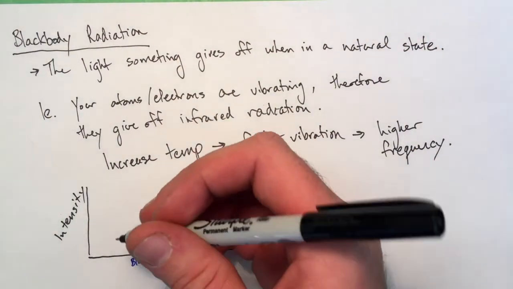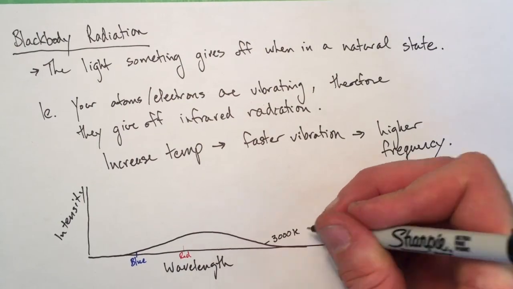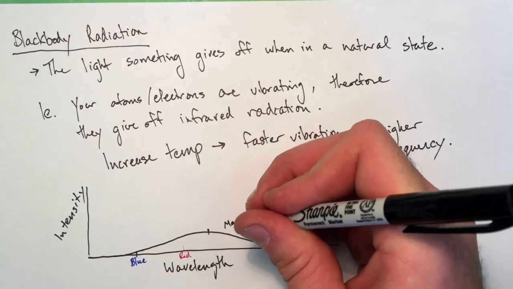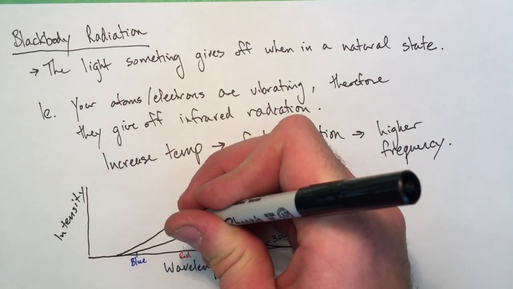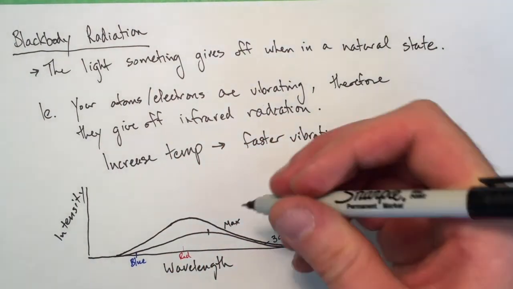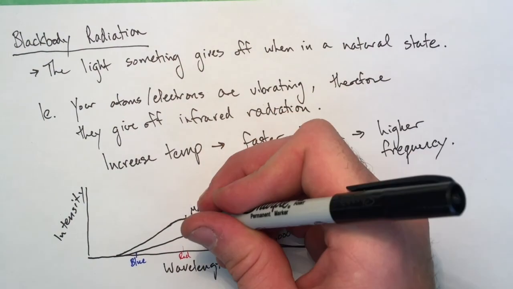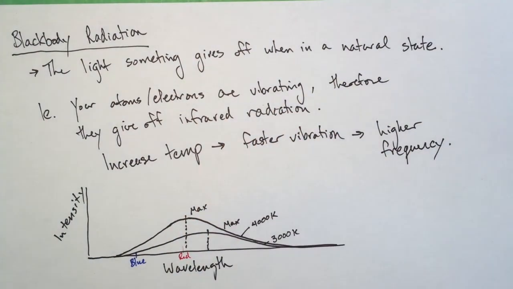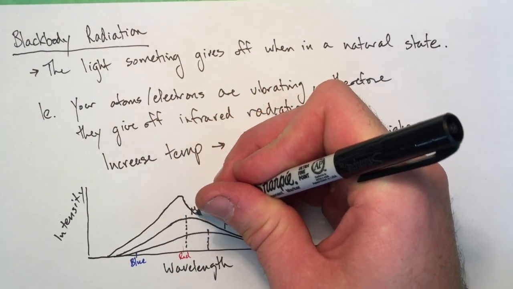Here, let's say we warm a metal up to about 3000 Kelvin. That's pretty warm. It will give off a whole range of wavelengths, with the maximum intensity being somewhere below the red visible light. If we warm it up to 4000 Kelvin, that intensity peak changes, where now the most intense is going to be red light.